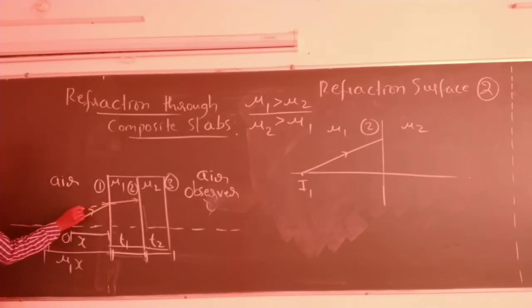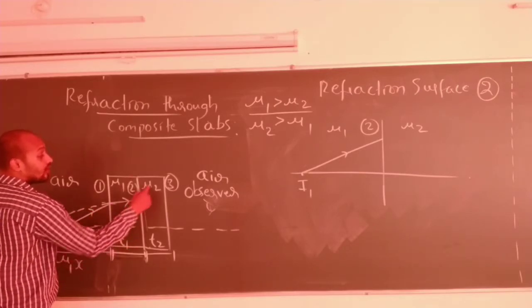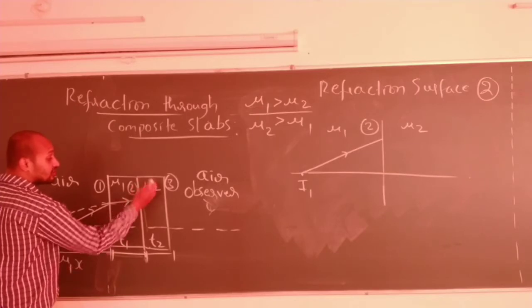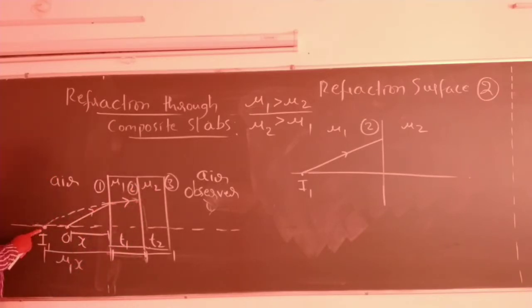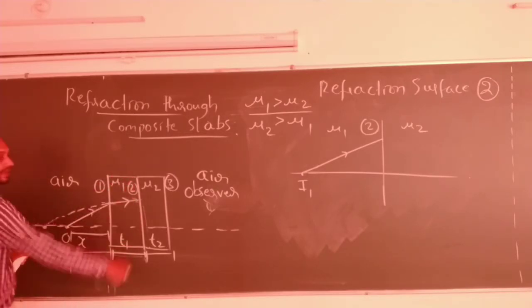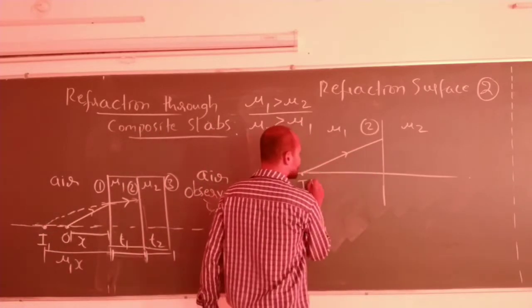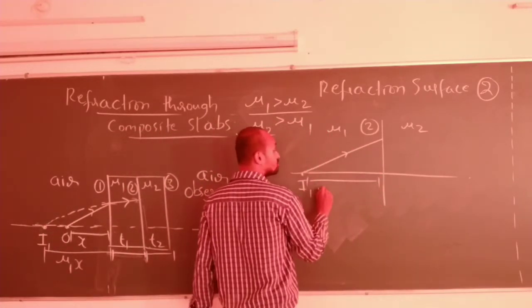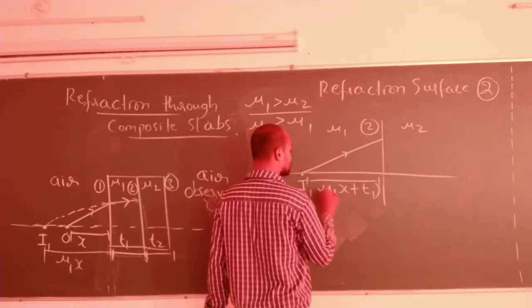If I extend, the image was formed here. Now this ray is incident on surface 2, so I1 will act like an object to this surface. What will be the object distance here? Object distance is mu1x plus T1.